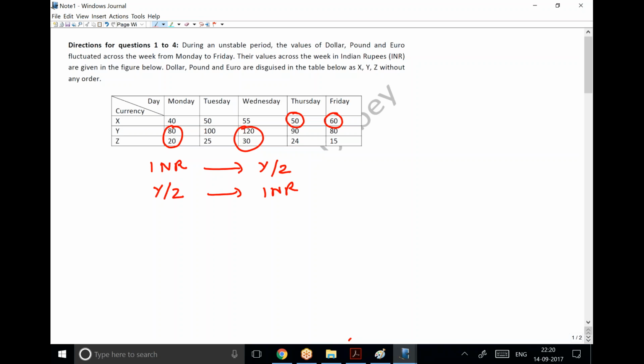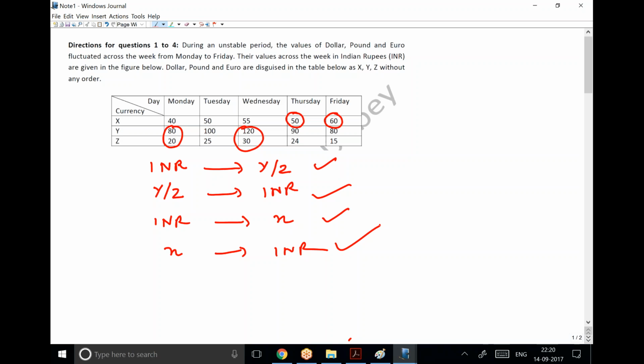Because we cannot invest on Wednesday; if I invest on Wednesday, our amount will reduce on Thursday. So convert back to INR and keep it in INR itself. But on Thursday, this INR you should again put into currency X. And on Friday, you can convert this currency X into INR. These are the 4 transactions they're talking about.